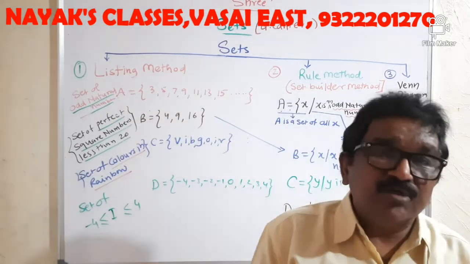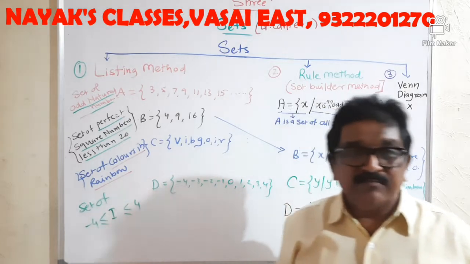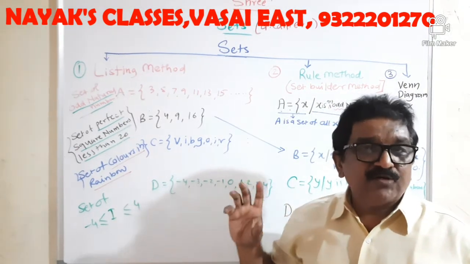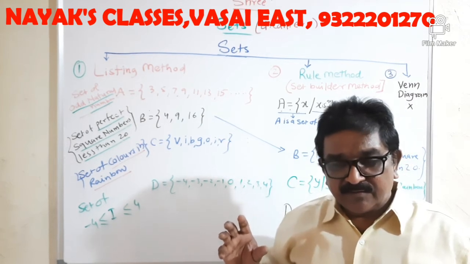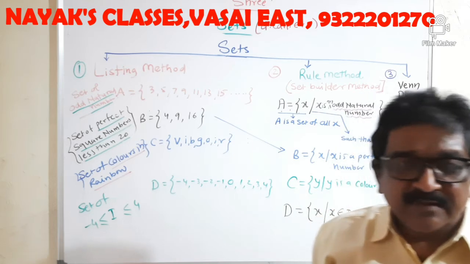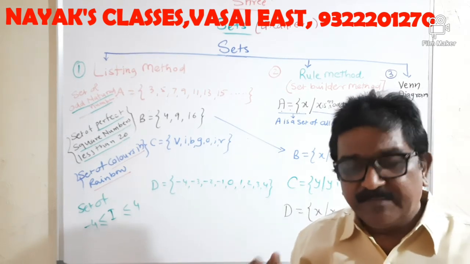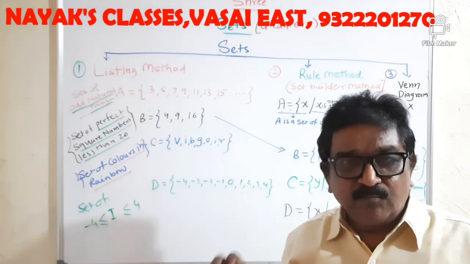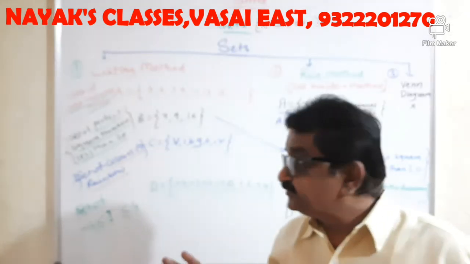Write 5 or 10 listing sets. Try maximum; practice will make you perfect. The more you try, the more you will get.